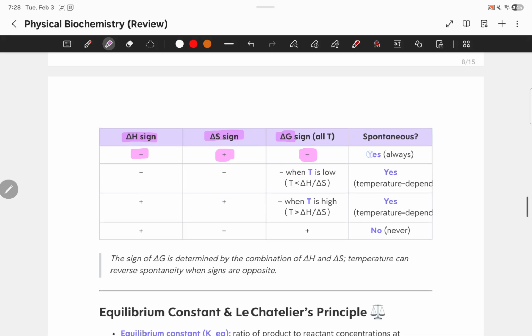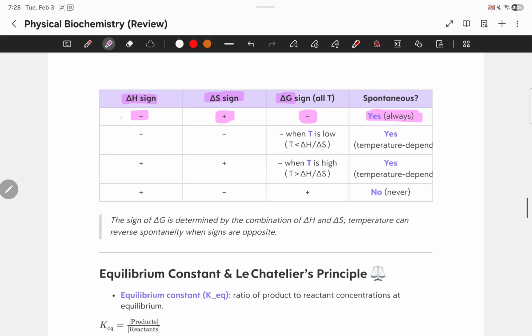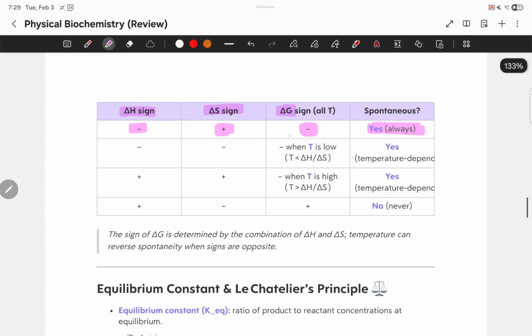And that makes it spontaneous always. Now, a negative delta G means that the forward direction is favored in a reaction, meaning that the products are more favored than the reactants at equilibrium, and that the reaction would proceed from the reactants toward the products without needing any external energy input.